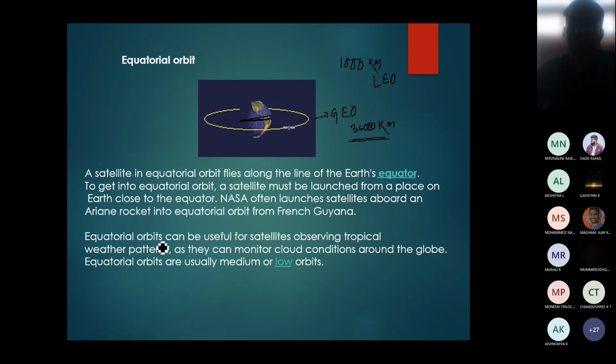If we have to observe the tropical weather patterns and monitor the cloud conditions, then the orbital height will be either medium or low, because for weather, surveillance and remote sensing applications we need the image, so we have to install the sensors so that the images can be captured.